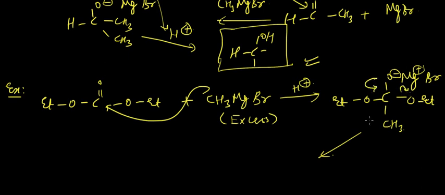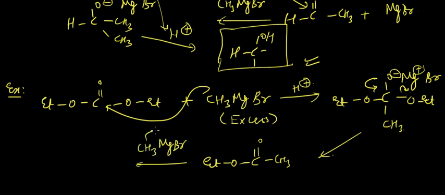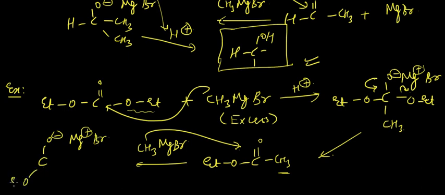Again this OEt minus would release itself, so we'll have something like this compound with CH3 and OEt minus released. Again we have CH3MgBr in excess quantity. The same reaction will repeat itself, except it would only have CH3 in place of another OEt. So we would have something like this, we have OEt here and we have CH3 here.